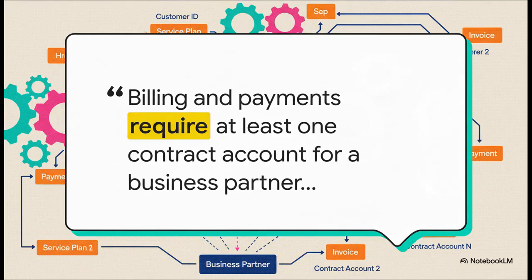So here's the crucial point. That MKK role is non-negotiable. It is the digital handshake that connects the who, that's our business partner, to the entire world of billing and financials. In SAP, that's handled by FICA, or Contract Accounts Receivable and Payable. Without that MKK role, you simply cannot create a contract account.